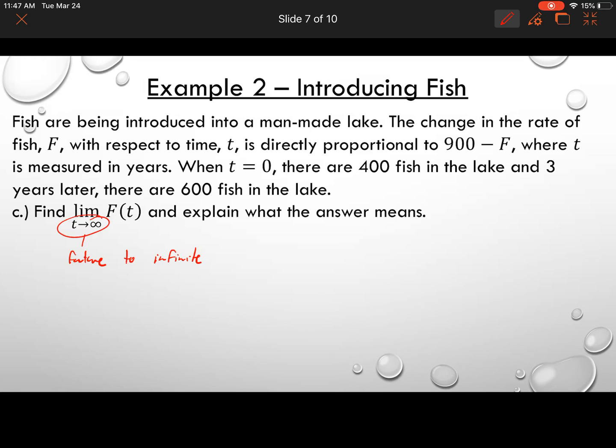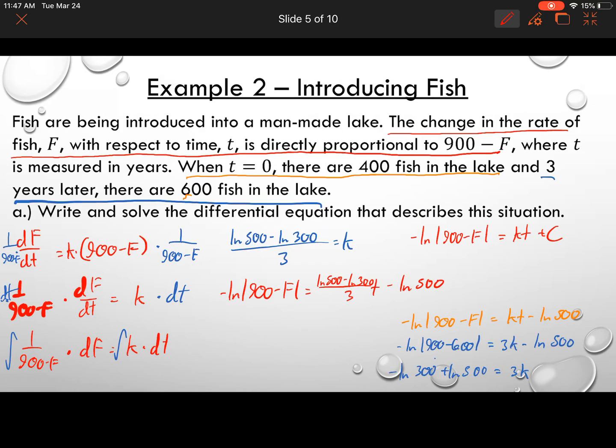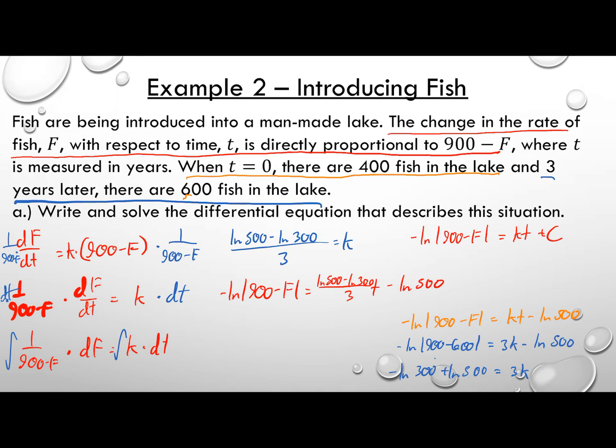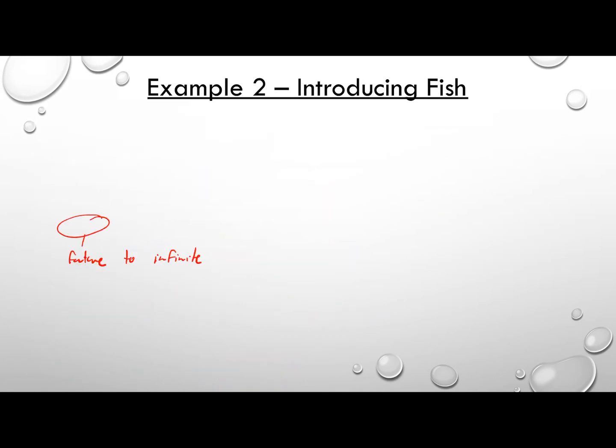Well, you could do this by simply graphing this. If you were to graph this equation from part A into a calculator, you would see what's happening to f as t goes to infinity.